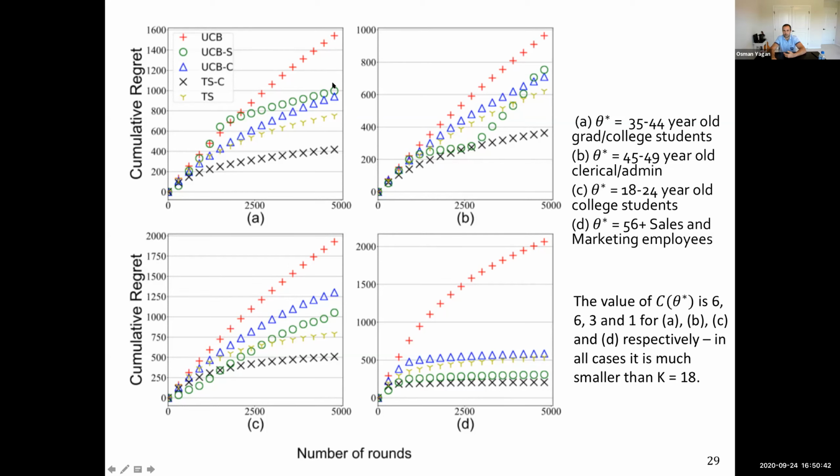In some cases, it is worse than our version of the UCB, but there are cases here again, it is ending up eventually being worse than our UCB structured case. But in those two C and D figures, it turns out to be better than our UCB structured algorithm.